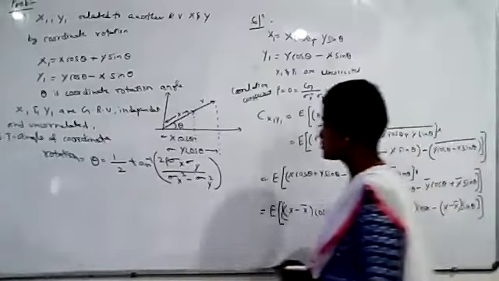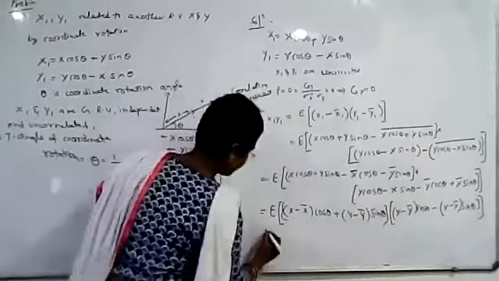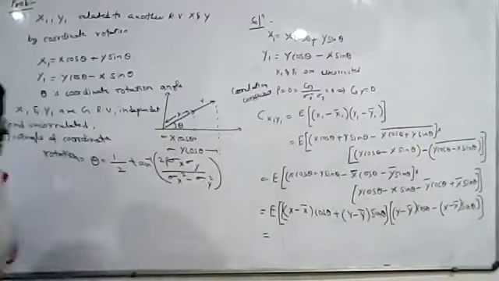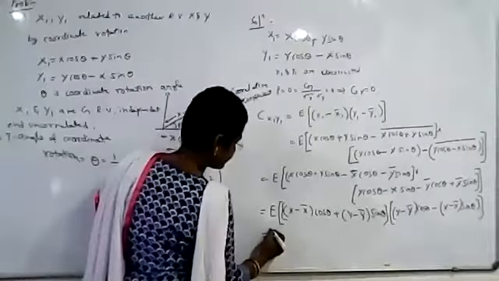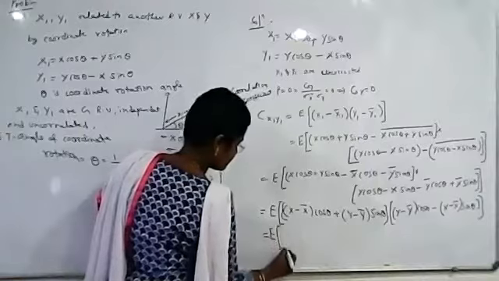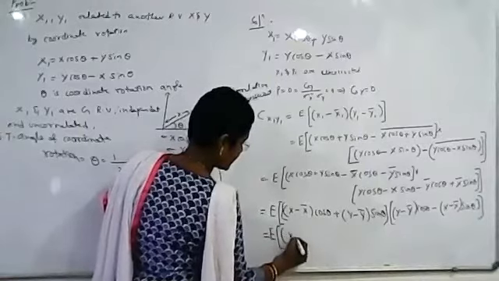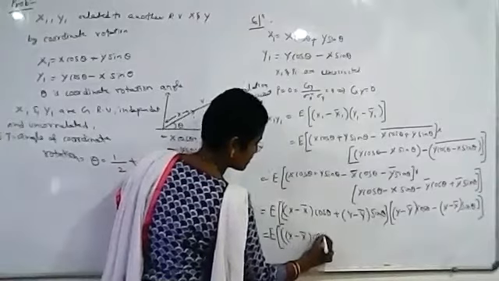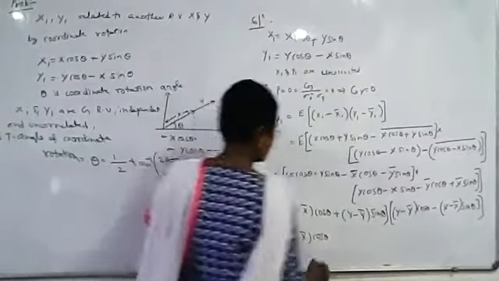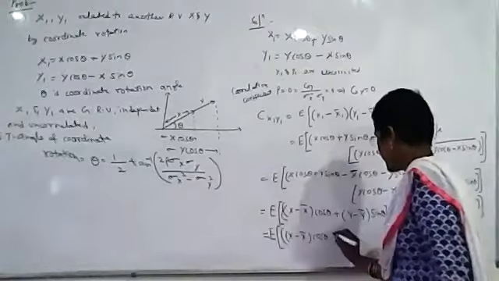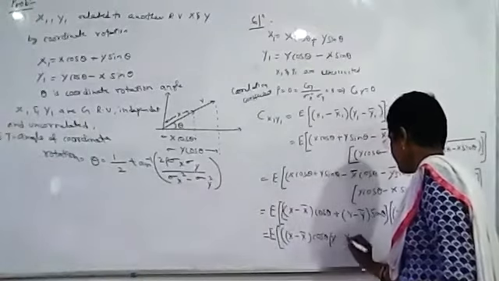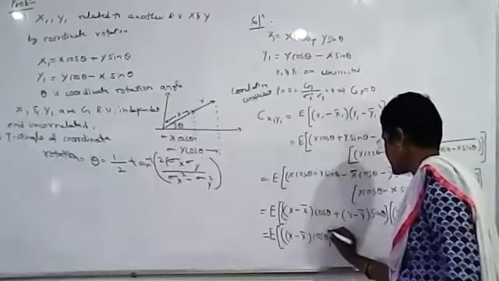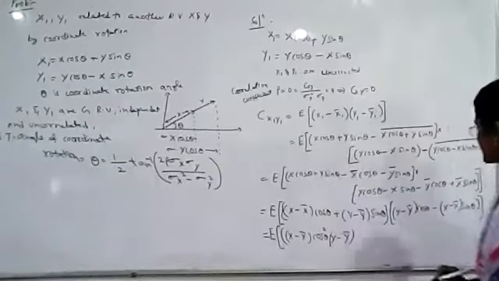If you multiply these two terms, what will we be getting here? We'll be getting the expected value of x minus x bar cos theta into y minus y bar cos theta, so you will be getting cos square theta times x minus x bar into y minus y bar.